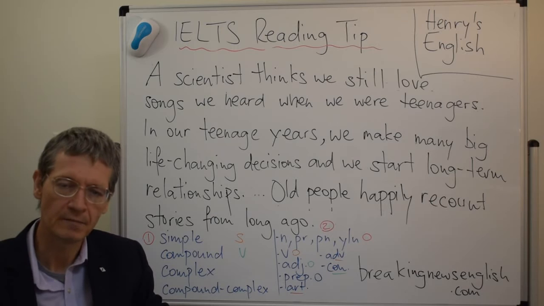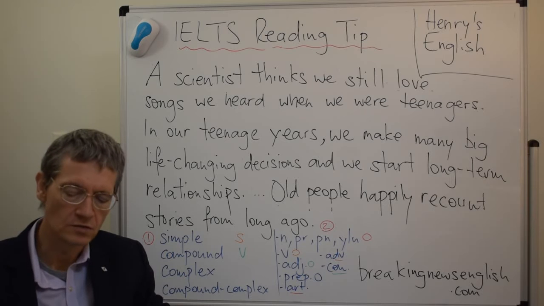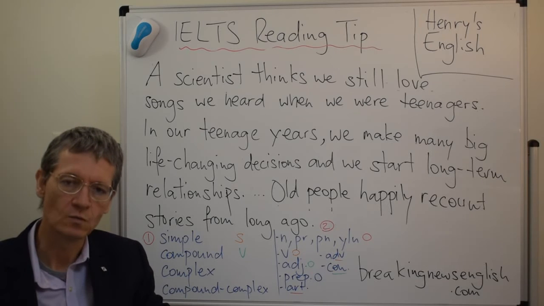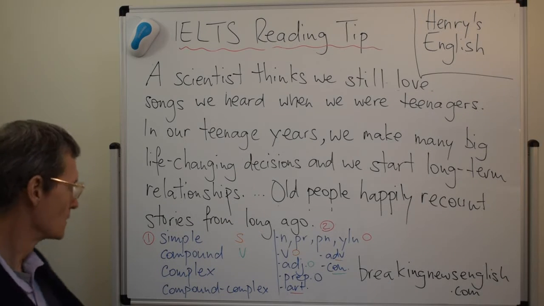It doesn't really make full sense unless I join it with something else. So independent and dependent, that is a complex sentence. And finally we have compound complex sentences, which have 2 independent clauses and at least 1 dependent clause. Now I'll give an example of that when I go through the paragraph.